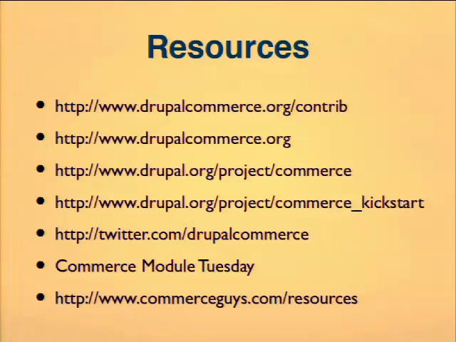There is a wiki, which is community maintained. The project pages of Drupal Commerce and Commerce Kickstart, and the Twitter account. We are doing the Commerce Module Tuesday, every Tuesday, featuring one contrib module that is interesting for you to use.